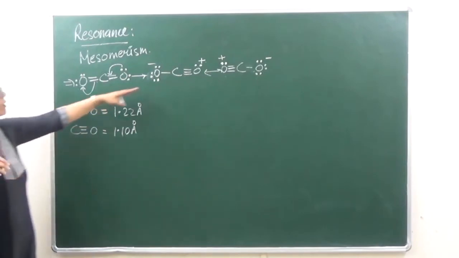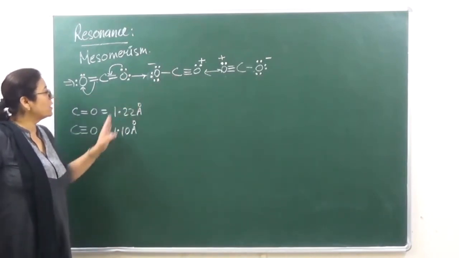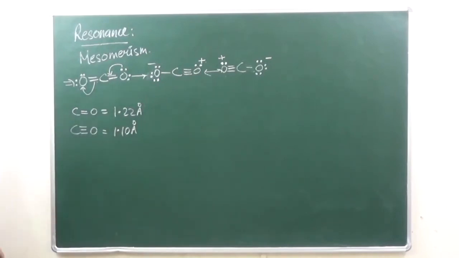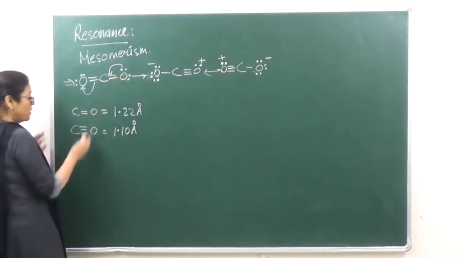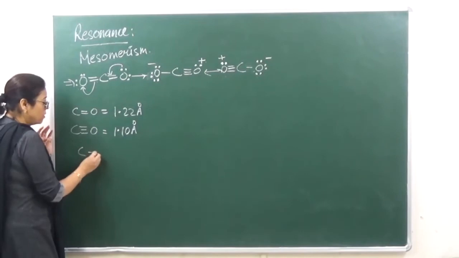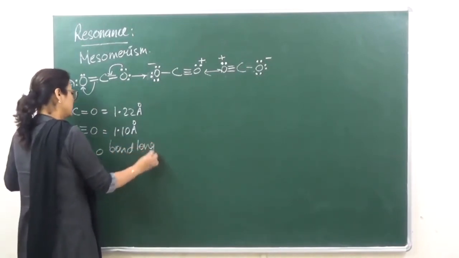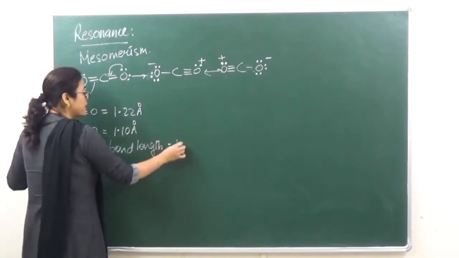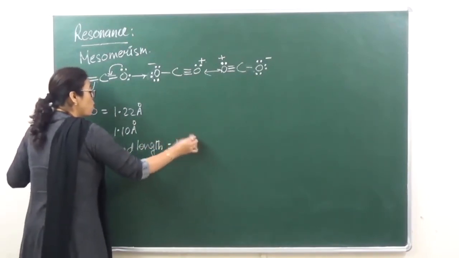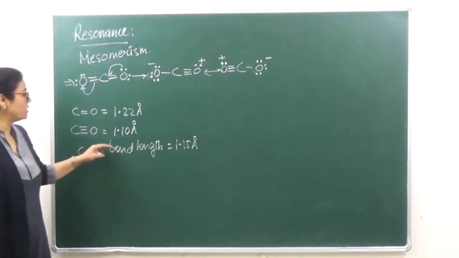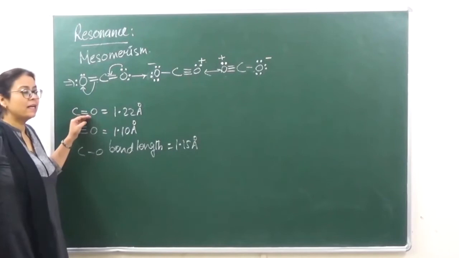Or if you are looking at this structure, one bond length should be 1.10 and the other bond length should be equivalent to the bond length of a single bond. Okay, but this does not happen. It is seen that the carbon oxygen bond length in carbon dioxide is calculated to be 1.15 angstrom, right, which is in between triple bond and double bond.